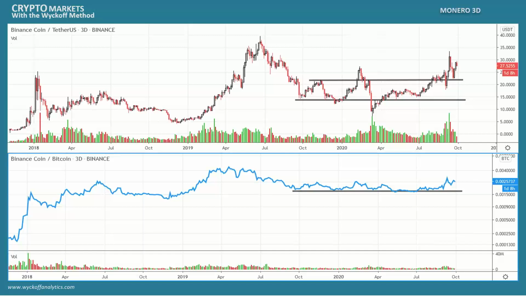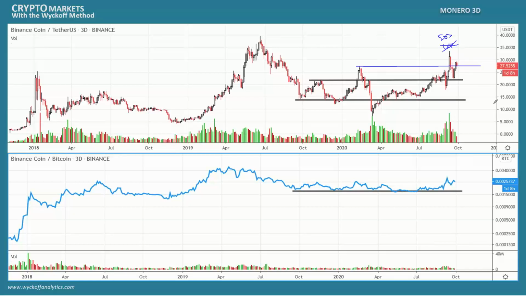Very similar picture here of Binance Coin. In this case, we see an attempt to upthrust the high that could be classified as a major sign of strength or a minor sign of strength compared to the big formation.